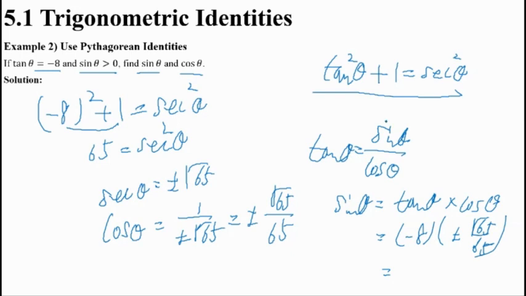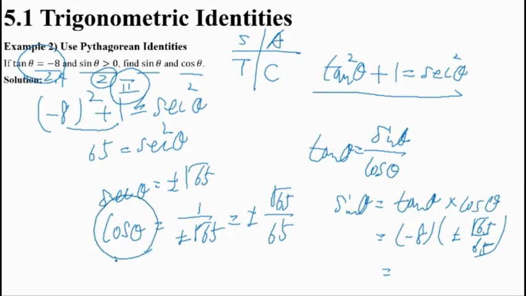We should define the plus or minus. There are two things here. Tangent is negative, which means quadrant 2 or 4. Sine is positive, so it has to be quadrant 2. Okay, so they're talking about quadrant 2. Quadrant 2 means cosine will be negative, right?